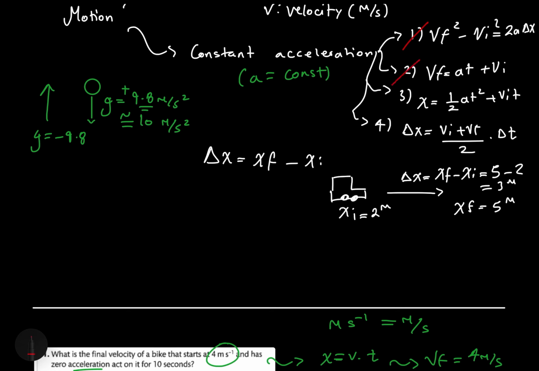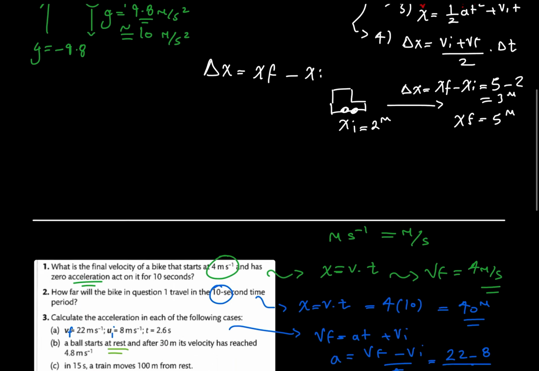Number 2 is also not possible because we don't know final velocity. The only one that we can use, as it turns out, is 3, because we have x, we're looking for acceleration, we have time, and we have VI. So we can use the third formula.